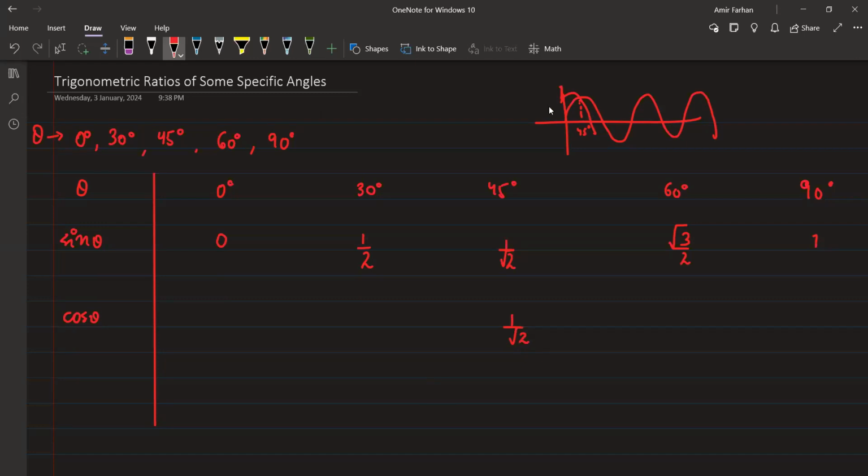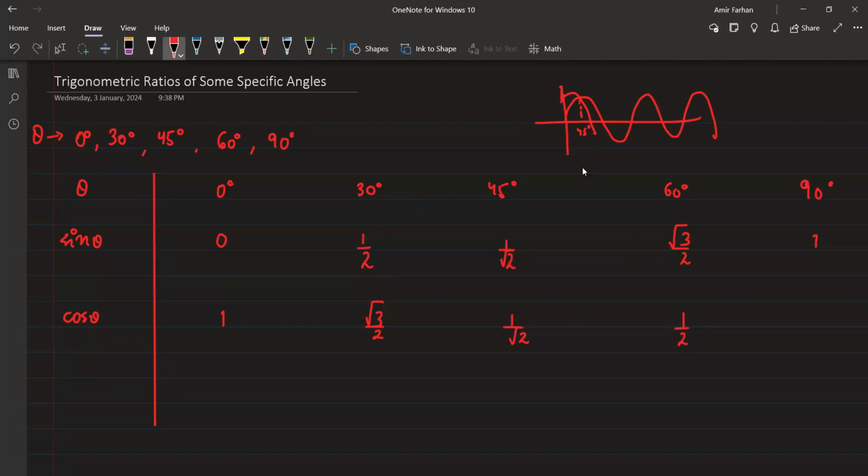So basically, you can see that where sine is 0, cos is maximum. If sine is 0 at 0 degree, cos will be maximum, which is 1. Just put these numbers here. So cos 30 will be equal to root 3 by 2, and sine 30 is 1 by 2.